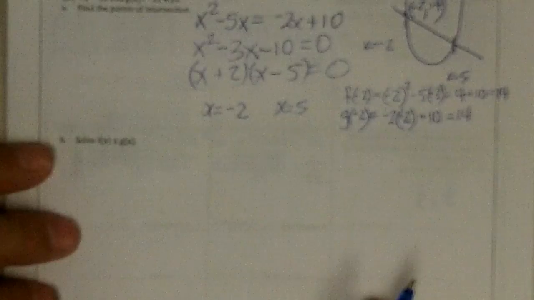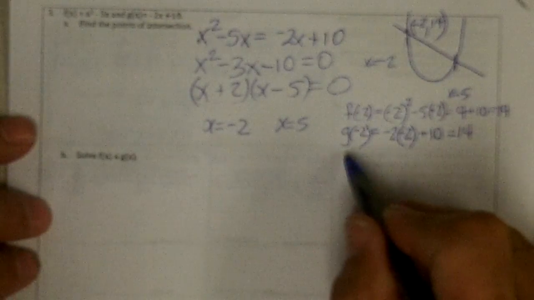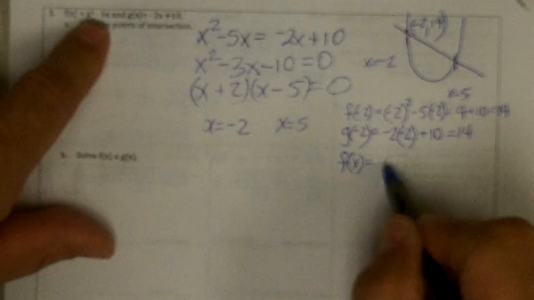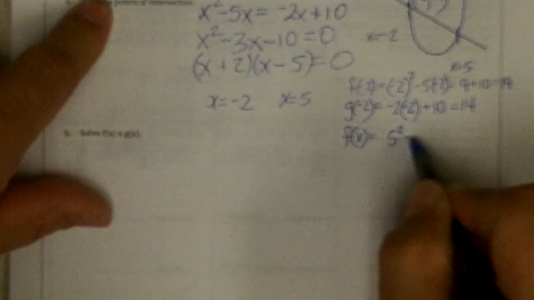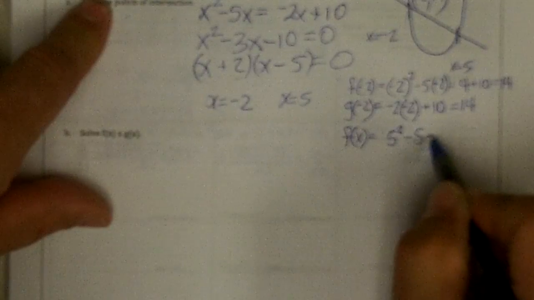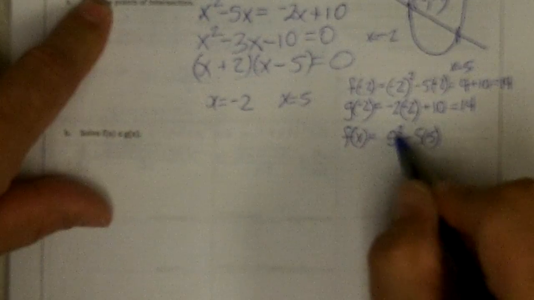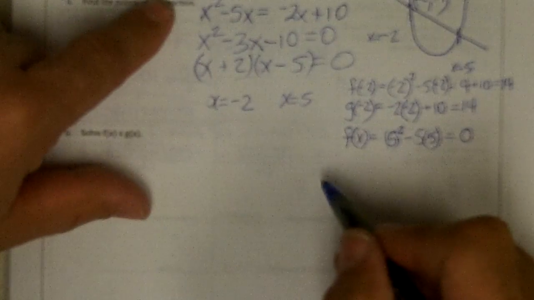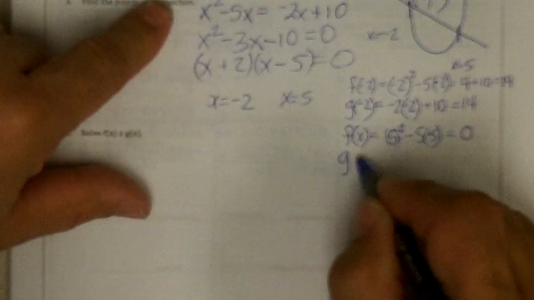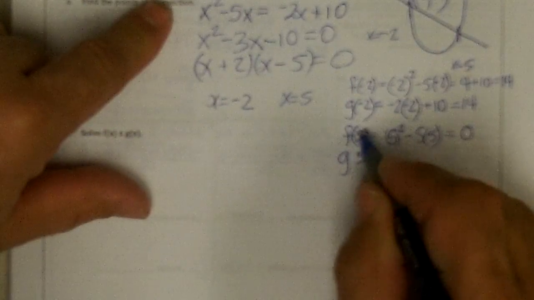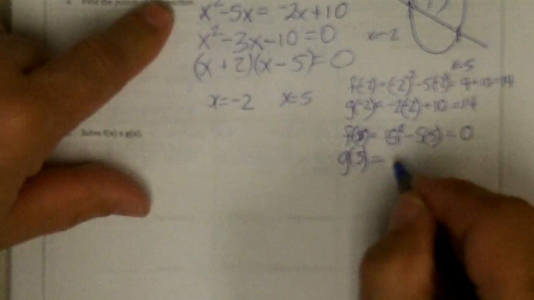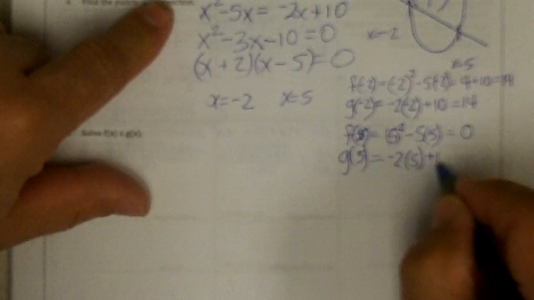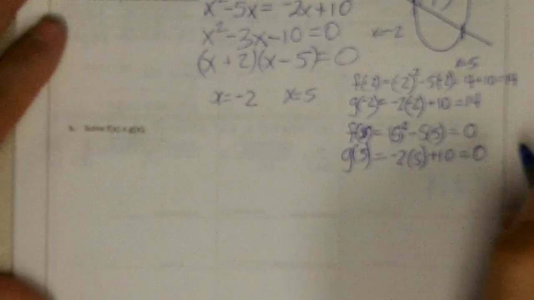Now, what about the other one? Well, if we put 5 into f, we get 5 squared minus 5 times 5, and that comes out to be 0. And put 5 into the other one, into g of 5. That would be -2 times 5, which is minus 10, plus 10 is 0.